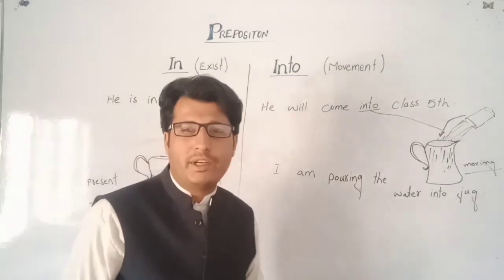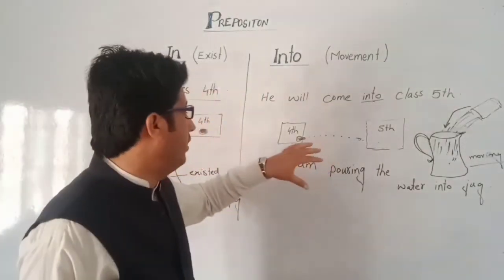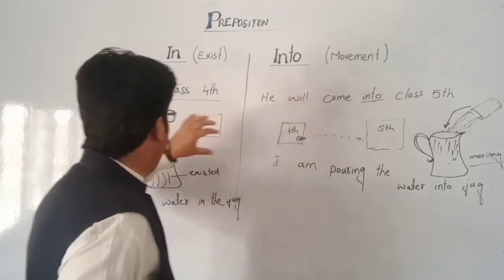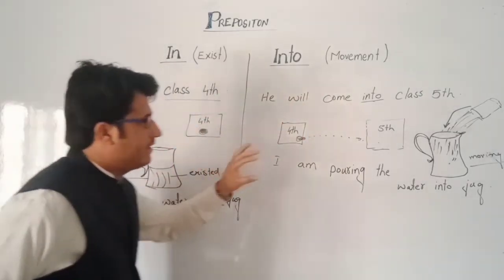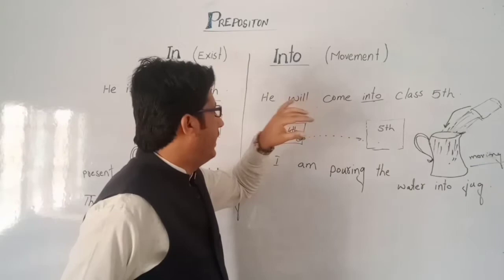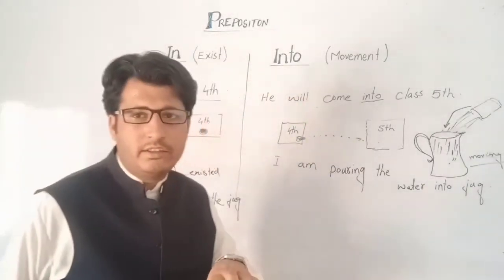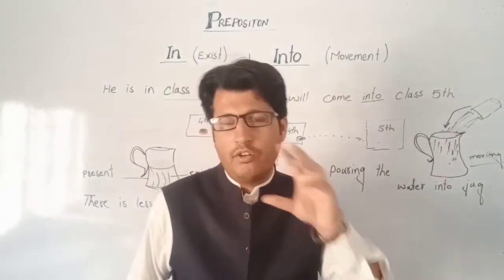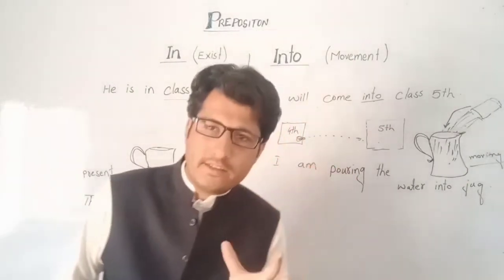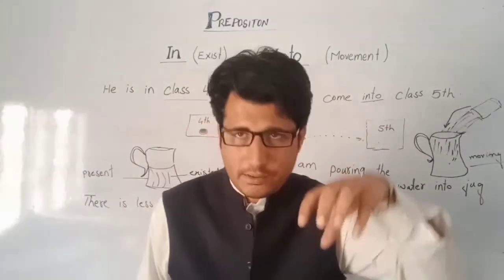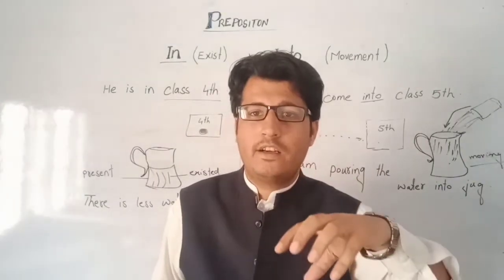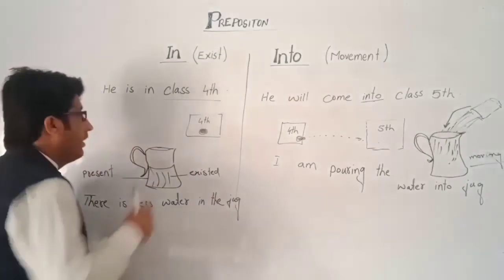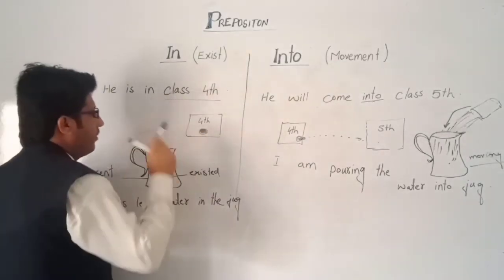So you may know better. Let's take an example of in and into. As I have told you, into is used for movement from outside to inside, while in is used for inside only when it is present or exists already, such as he is in class 4th.